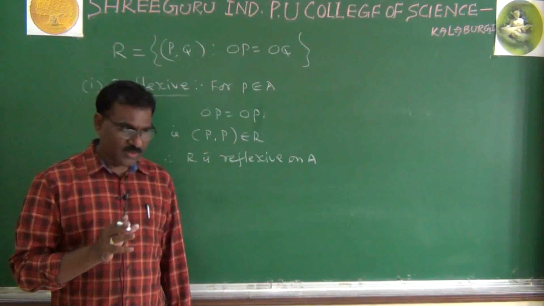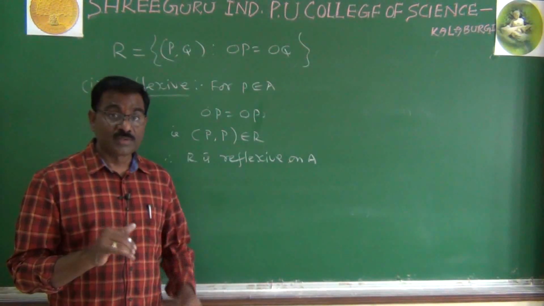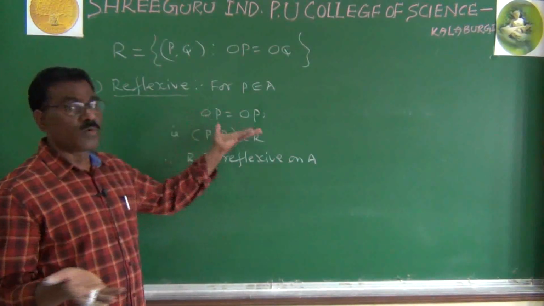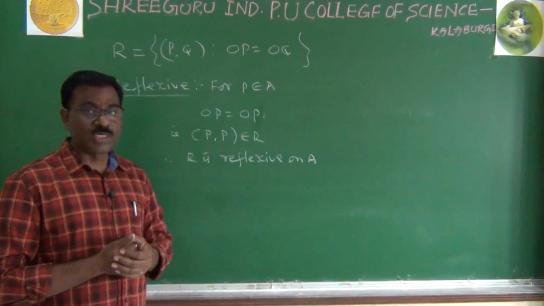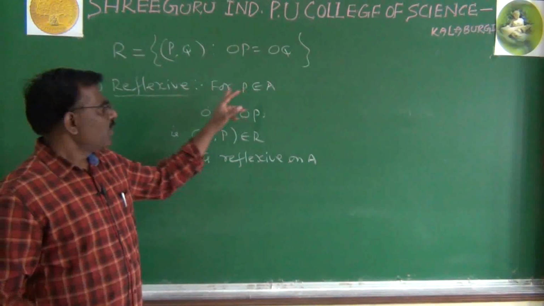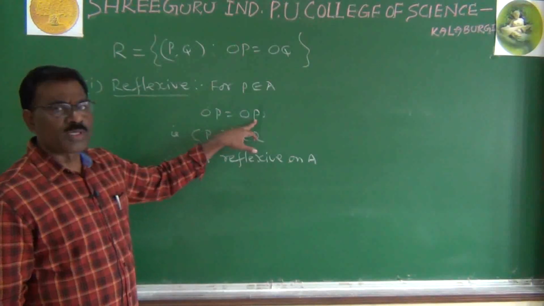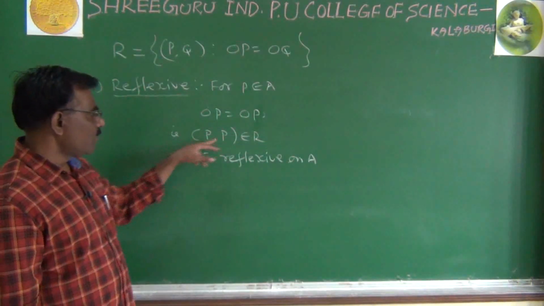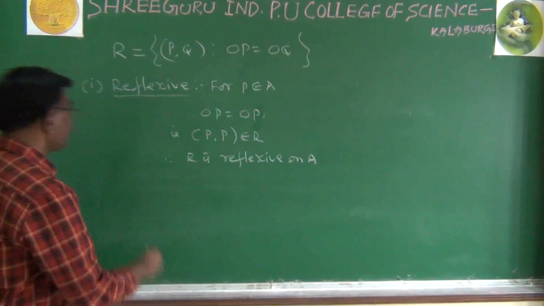But last period I told you that the problems are quite simple, yet students are confused about the way of writing. So, reflexive: directly OP equal to OP they are taking. For P belonging to set A, not only P, you can take any element. I am taking P belongs to A and OP equal to OP, even Q, OQ equal to OQ. So OP equal to OP, (P, P) belongs to R. So R is reflexive.